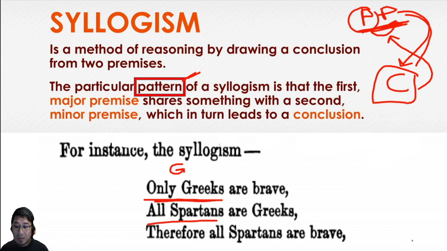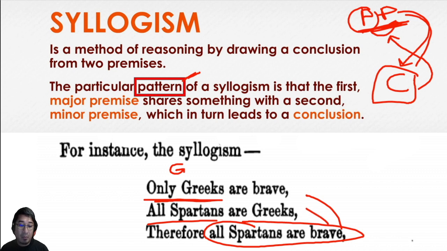So therefore, yung conclusion natin na Spartans are brave has a pattern, has a connection from the previous premises that were made. Nagkaroon ng pattern, nagkaroon ng connection. Kasi hindi ka naman magkakaroon ng conclusion kung wala tong dalawang premises na ginawa mo.